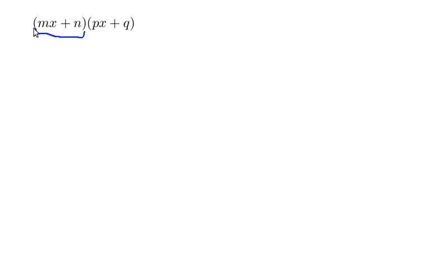We would first take this entire thing, this mx plus n, and distribute it to the px, and then to the q. That's what we're going to do right now. So we'll have mx plus n times px plus mx plus n times q. So all I did here was I distribute the mx plus n to the px and the q. And let's put in equals.